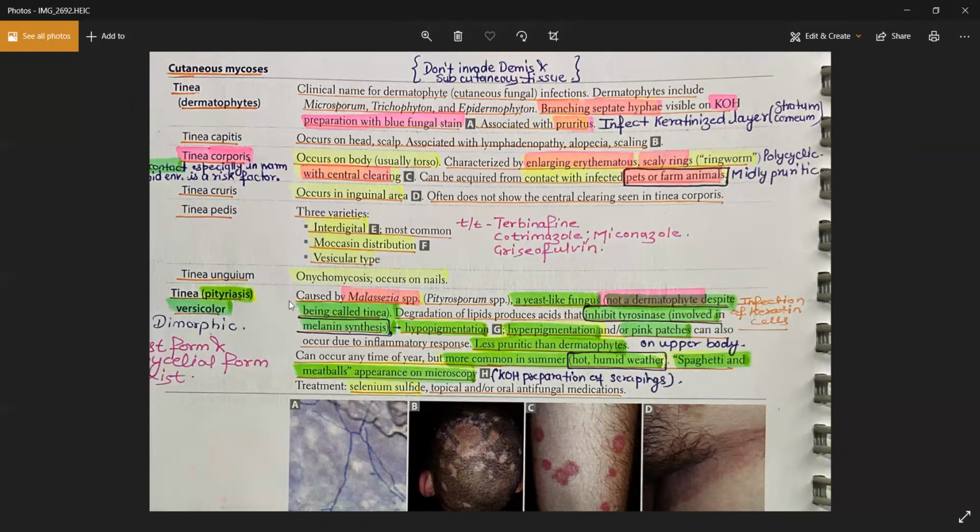Okay, and this yeast, this fungus actually inhibits this enzyme, and that's why you will have this hypopigmentation of the skin. And you need to know that this hypopigmentation occurs in very patchy areas. Okay, so you will get the patchy areas of hypopigmentation along with mild pruritus. Generally the patient notices these kinds of rashes when they have a history of sunburn or sun exposure.